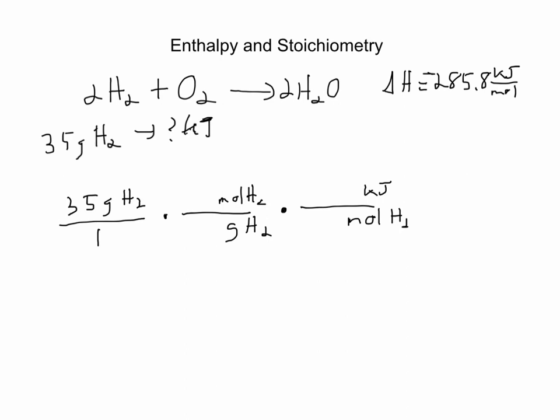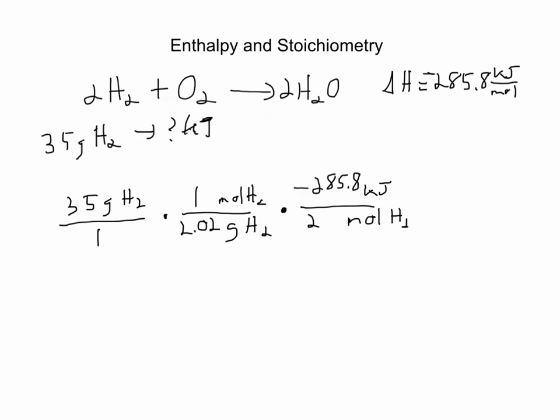So the mole ratio, we know 2.02 grams in 1 mole of hydrogen, and we know that 2 moles of hydrogen release negative 285.8 kilojoules. So we use this enthalpy value just like a coefficient for a molecule, except now the unit is kilojoules instead of moles. And we can compare it to moles of whatever compound's in there.